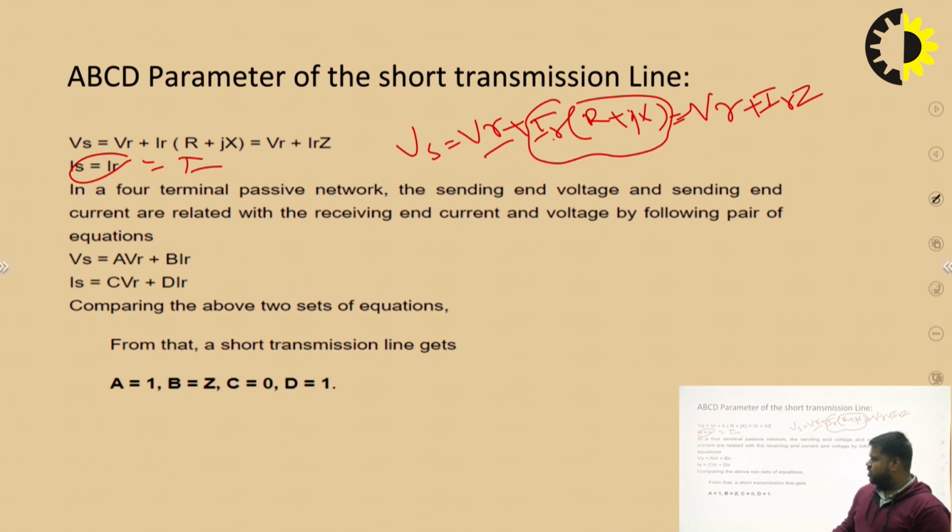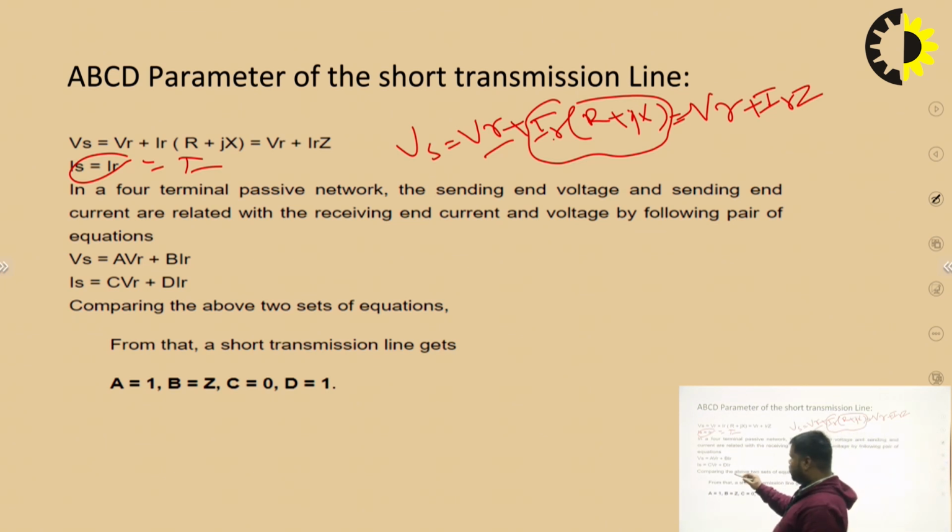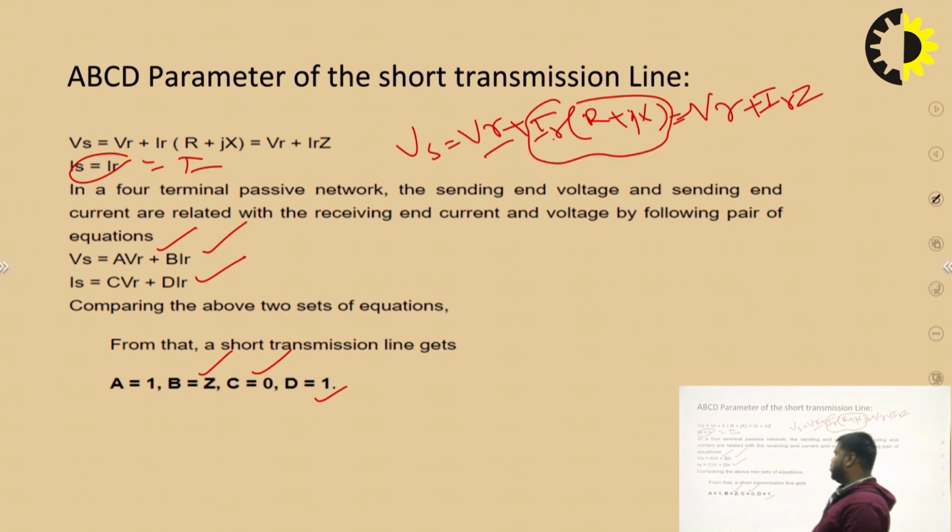So in this formulation, in the short transmission line, the ABCD parameters of a line are given as VS equal to A VR plus B IR and IS equal to C VR plus D IR. On comparing the results, A equal to 1, B equal to Z, C equal to 0 and D equal to 1.